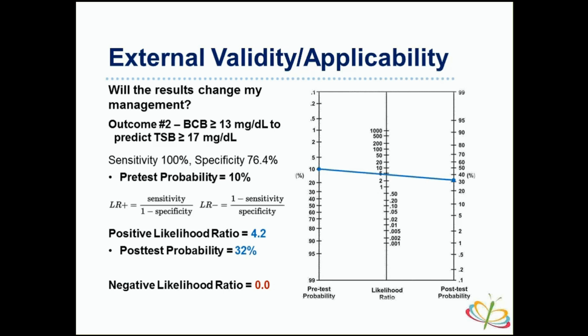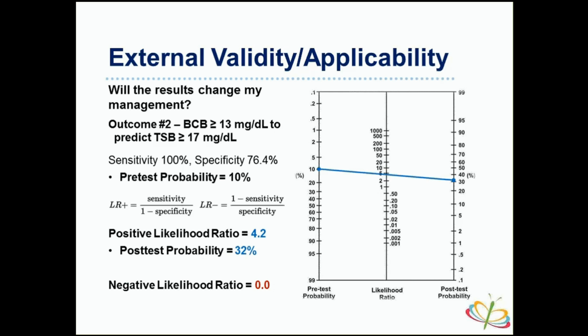But our negative likelihood ratio, again, we had 100% sensitivity. Now, I would just like a word of caution: whenever anything is 100% or 0, you always have to be a little bit wary and wonder, all right, was my population size big enough that this truly is as sensitive as it says?